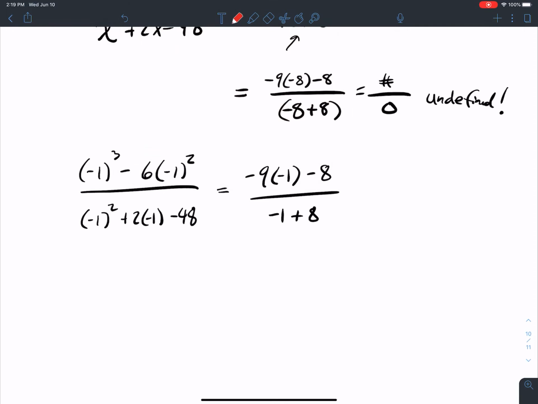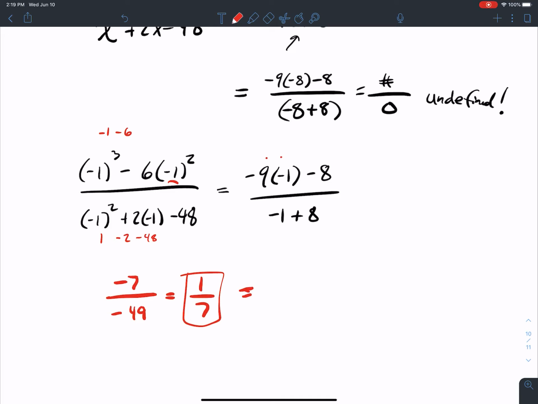The numerator here looks like that's negative 1, and then that's squared, so that's positive, so that's minus 6, so that's negative 7, over 1 minus 2 minus 48, so that's minus 49. So it looks like that's 1 over 7, positive, on this side. Now, on this side over here, what do I have?